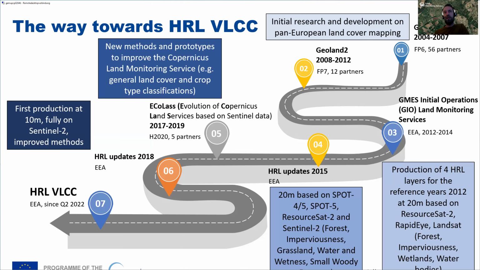So we started in June 2022. We have produced 5 years so far. And for further details, I hand over to my colleague Christian Siegert, who is currently project manager at GAF for the VLCC production.